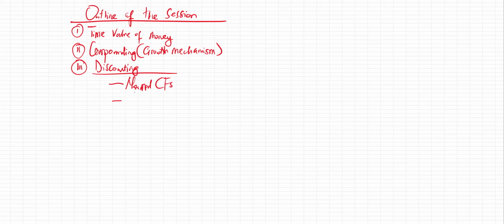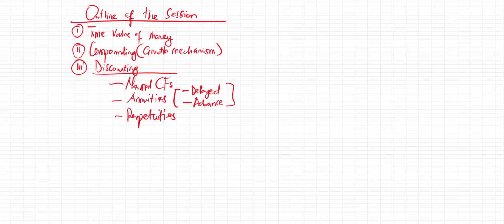We'll look at how to deal with annuities, including delayed annuities and annuities in advance. Then we are going to also look at perpetuities, which are perpetual annuities, which are cash flows forever.